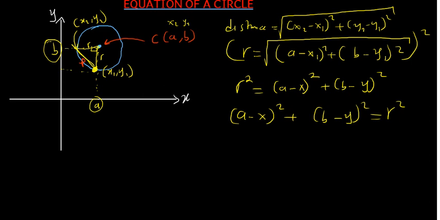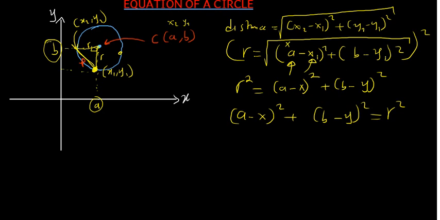R squared. Now when we did this, we first picked the center and then we removed a point. What if we said first that the point that is on the circle is what we are starting with?